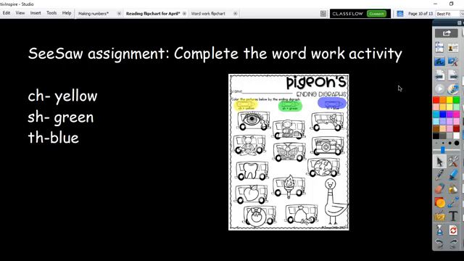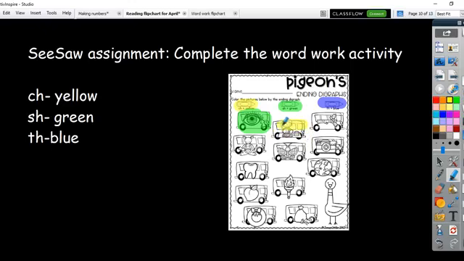For example, I will show you one. This is an arrow pointing to an eyelash. Eyelash. So I would actually color that green because it has a sh sound at the end. A sh sound at the end. All right. So this one right here, this fellow is eating his lunch. Lunch.